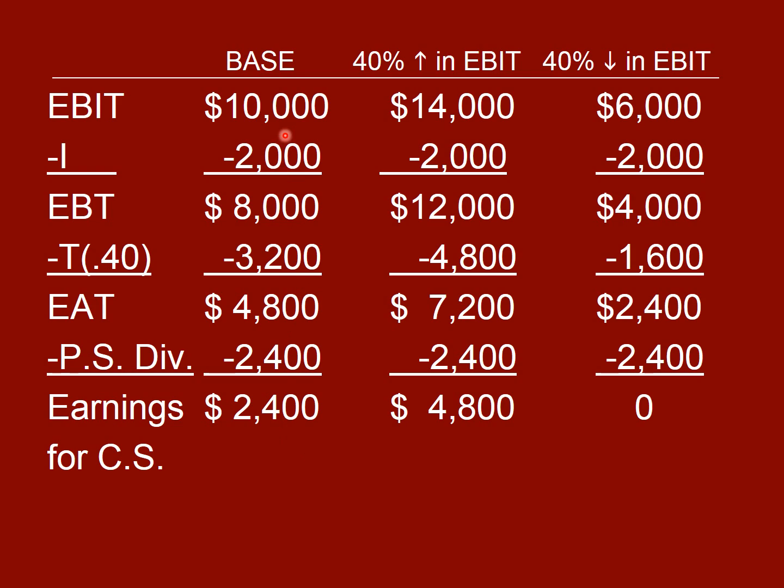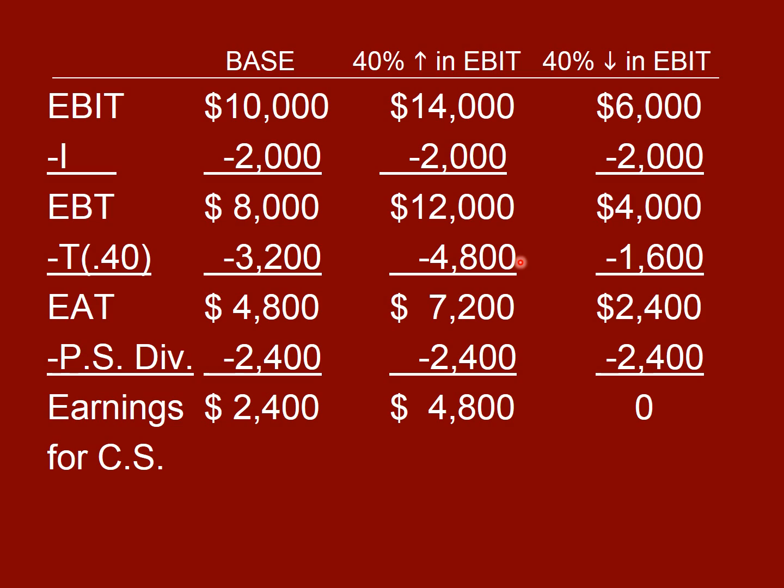Let's assume that there's an increase in EBIT. So if we have an increase in EBIT, then let's say there's a 40% increase, then EBIT would go up to $14,000. Interest is fixed, so it would stay at $2,000. So earnings before taxes would be $12,000. Taxes, we'd have to take 40% of the $12,000.